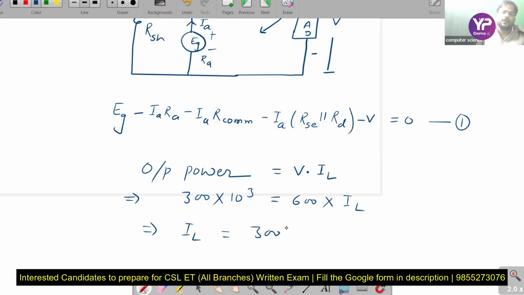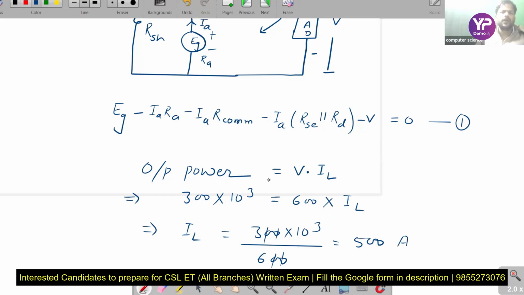Here IL is 300 into 10 to the power 3 divided by 600. If we simplify this, it is 3000 divided by 5, which gives the value of current IL as 500 ampere.